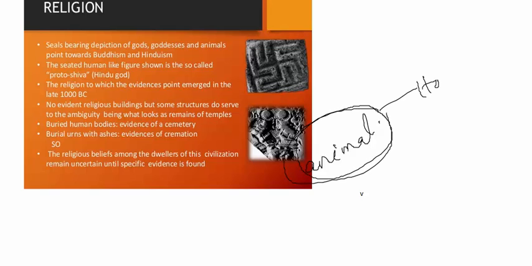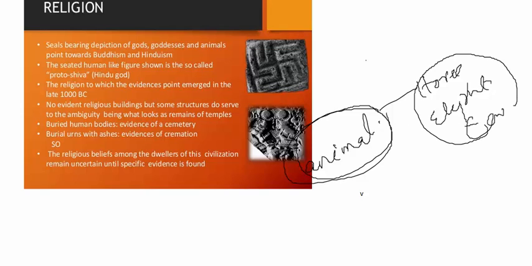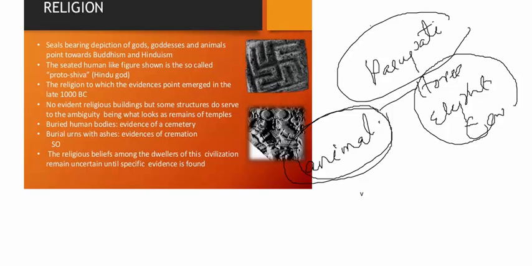You can say the god of animals like the horse, the elephant, the cow, all those. Their god was called Pashupati. In today's time, Pashupati is called Proto-Shiva or Lord Shiva. There was no such particular religion, but you can refer to Lord Shiva from this word Pashupati.